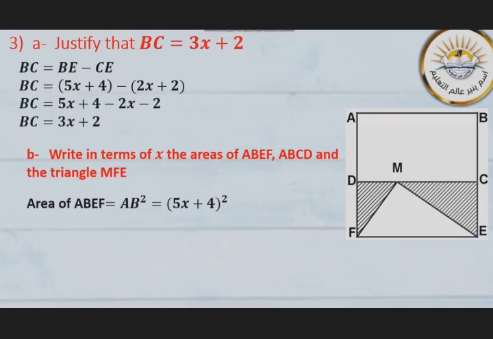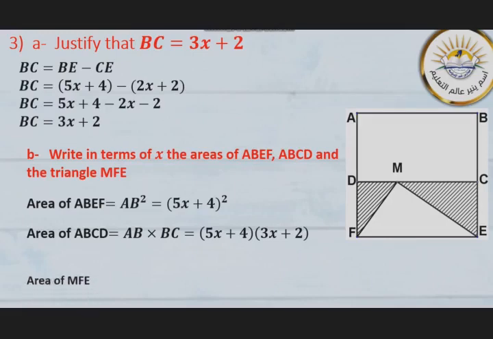This is the area of ABEF in terms of x. What about the area of ABCD? ABCD is a rectangle, so the area is the length times the width, so AB times BC, which is equal to (5x plus 4) times (3x plus 2).